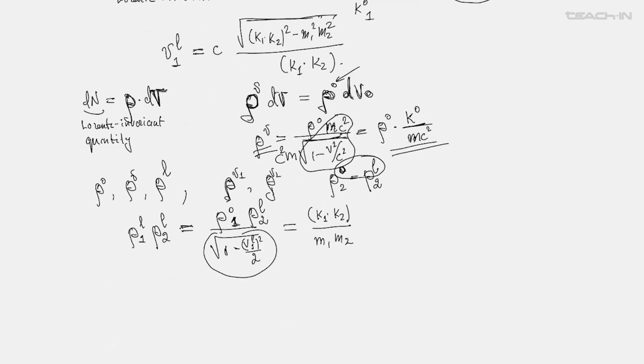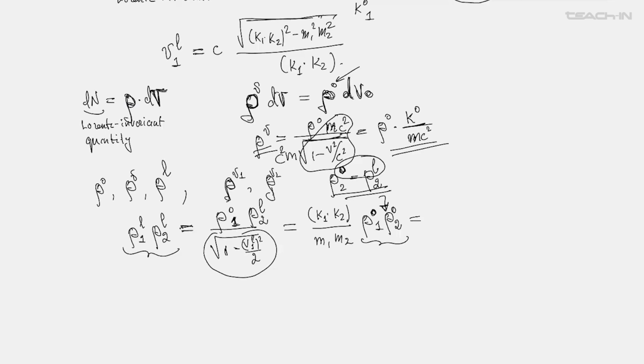Rho 01 I left without change, and rho 2 laboratory, I know that in this frame, my particles too are at rest, so it's the same as this quantity here. And so this means that I have written down the product of the densities in the laboratory frame with the product of densities where particles from the first beam and from the second beam are at rest. And this I can manipulate further in the following way. So this is K1, K2.